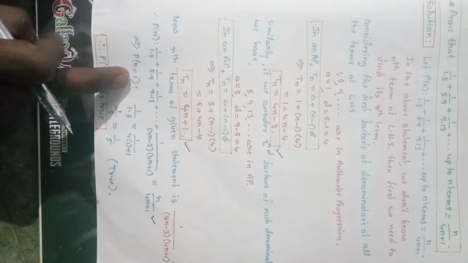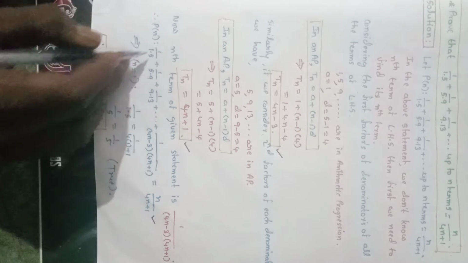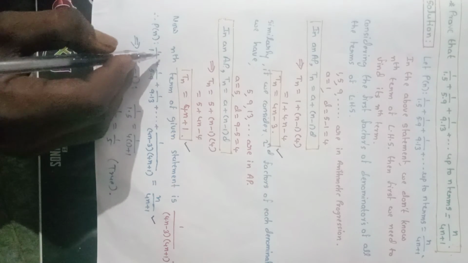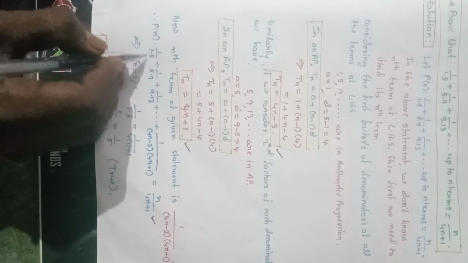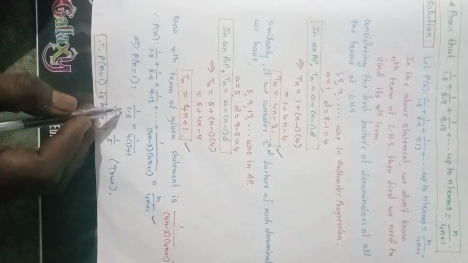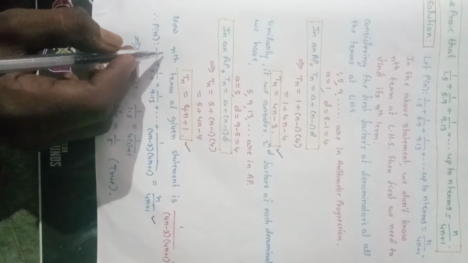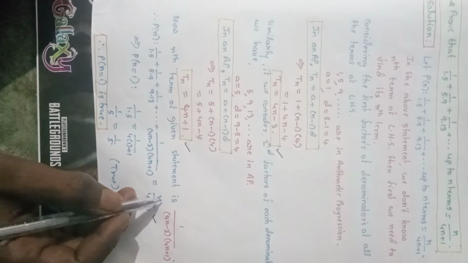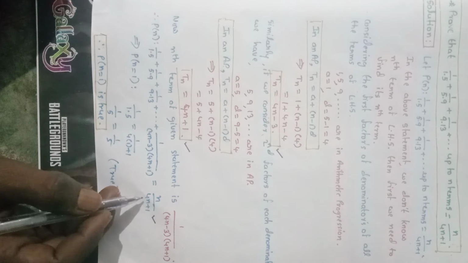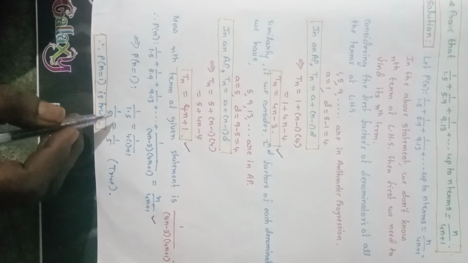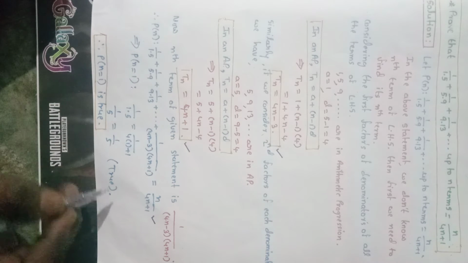If I write n equal to 1 in this expression, it will represent only the first term of this progression. So this is 1 by 1 into 5, the first term of this series. Then writing n equal to 1 on the right side, 1 by 4 into 1 plus 1, finally we get 1 by 5 equal to 1 by 5, which is true.